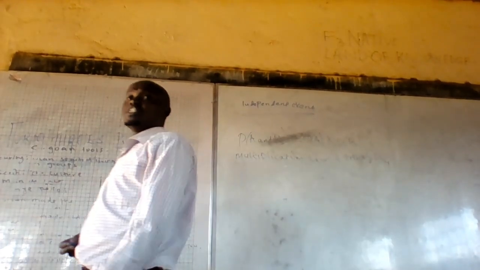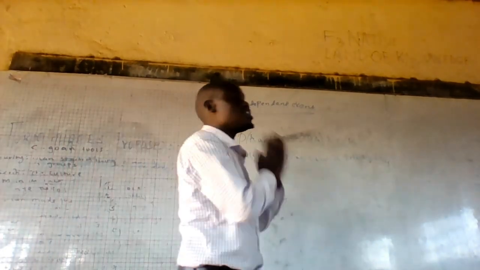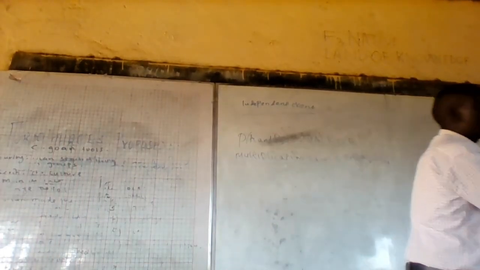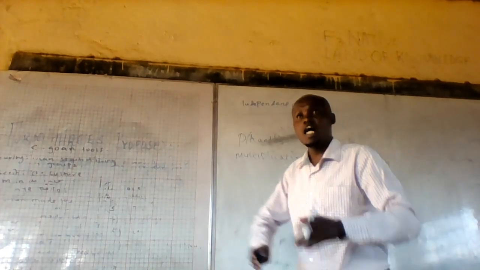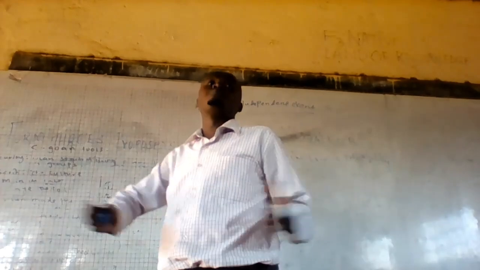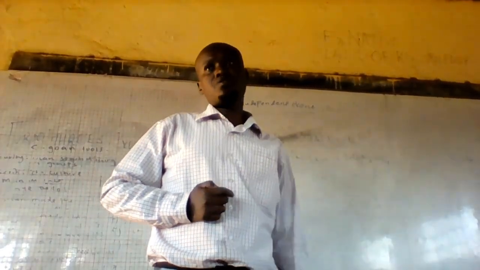Multiplication law of what? Probability. The probability of two independent events occurring together is the product, the multiplication, of their individual probabilities.